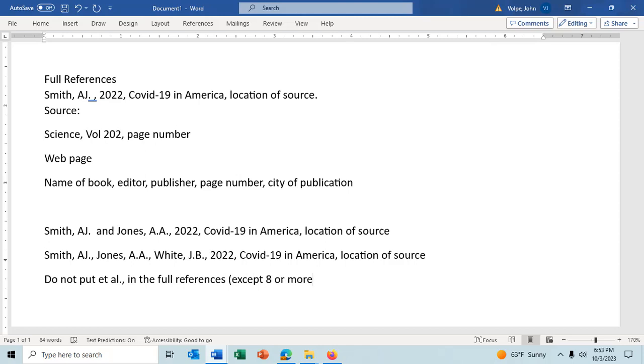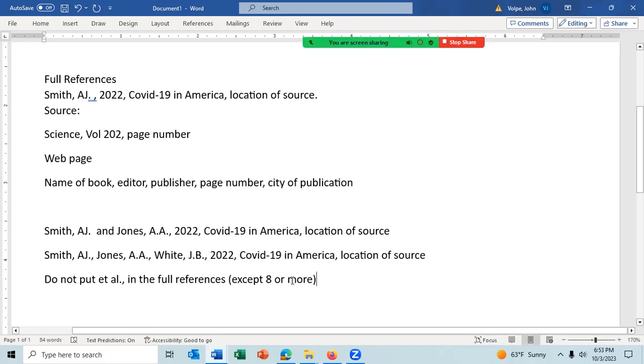If there's 8 or more, then you give the first 7. And I don't want to get into that. You give the first 7, you then go et al., and you don't have to list more than 7. But that's so rare, I don't think you'll come into it. Okay, any question about it? Any of this? All right, so the full references you give like that, you never use et al. unless there's 8 or more authors.